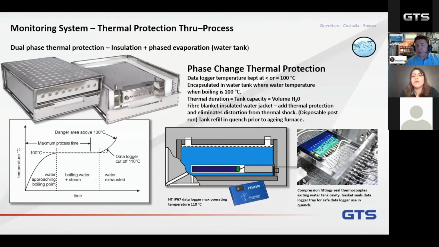Now, we all know that water will absorb heat fairly effectively and its temperature will rise to 100 degrees and then it will boil. Once it gets to that boiling point, the temperature is maintained as the water boils and steam is released. But the temperature will be retained at 100 degrees for as long as there is more water in the tank.